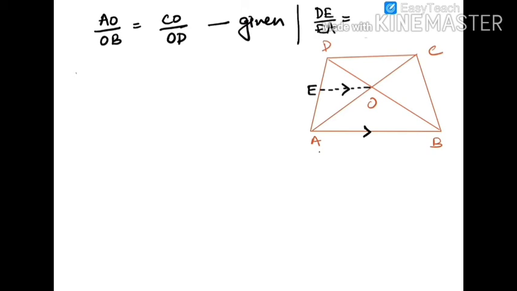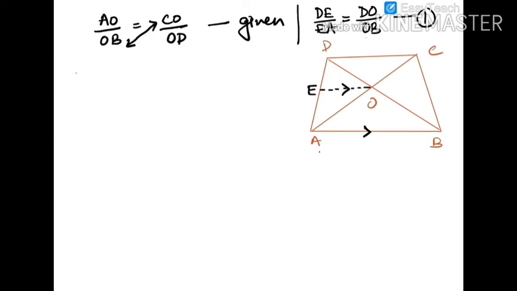Now we are given that AO upon OB is equal to CO upon OD. So what result did we get in step 1? DE upon EA is equal to DO upon OB. In order to use the information that is given in the question, we need to rearrange these terms so that we are able to get the ratio DO upon OB.